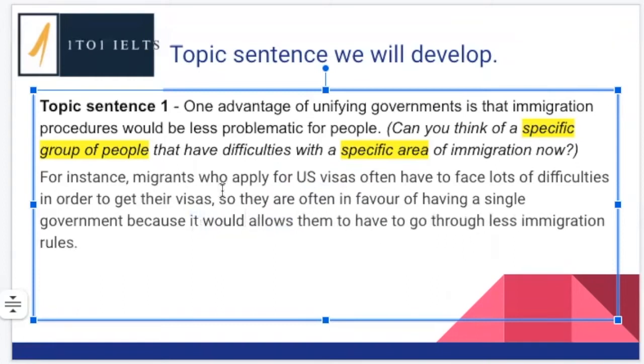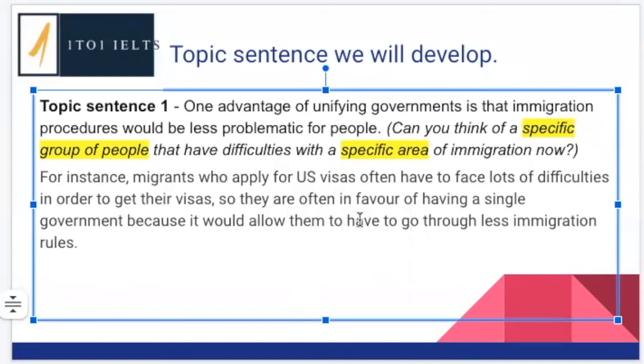So if you have this hypothetical, we can use would because it's not a real situation or even likely to be a real situation. Will is much more of a prediction for the future, but we're not really predicting there's going to be a one world government, so would be much more appropriate here. So they're often in favor of having a single government because it would allow them to.